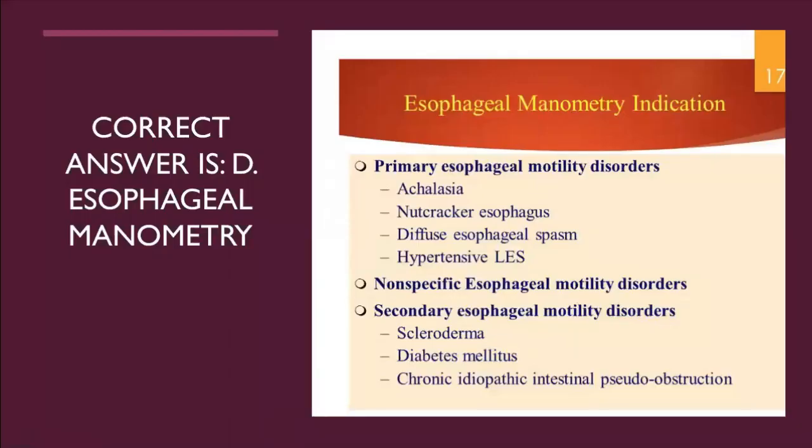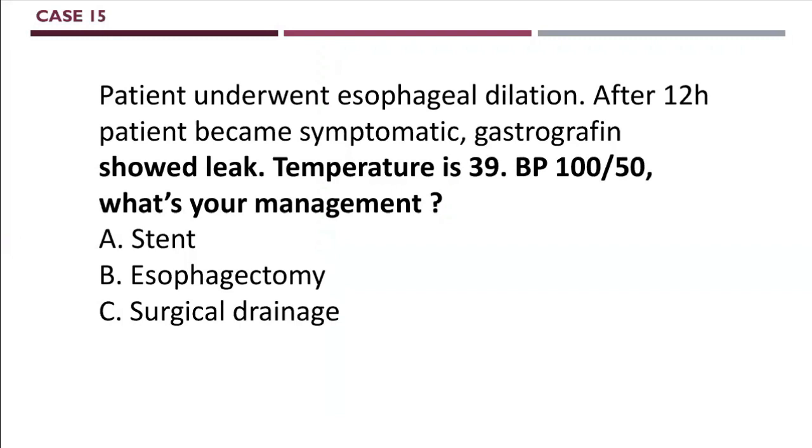The esophageal manometry indications: a primary esophageal motility disorder like achalasia or esophageal spasm, or a secondary esophageal motility disorder like scleroderma, diabetes, and chronic idiopathic intestinal pseudo-obstruction.